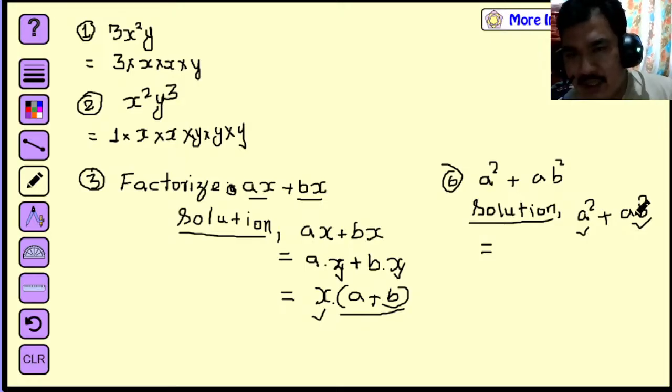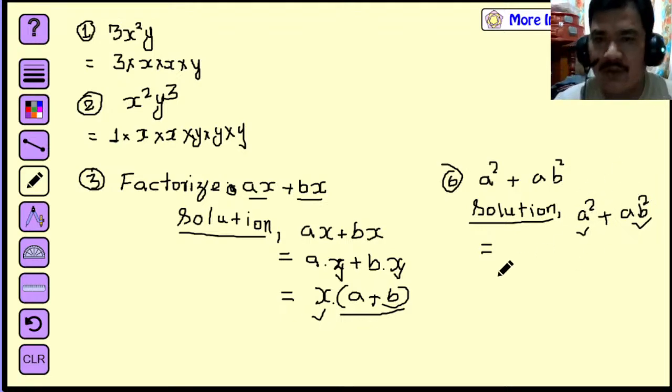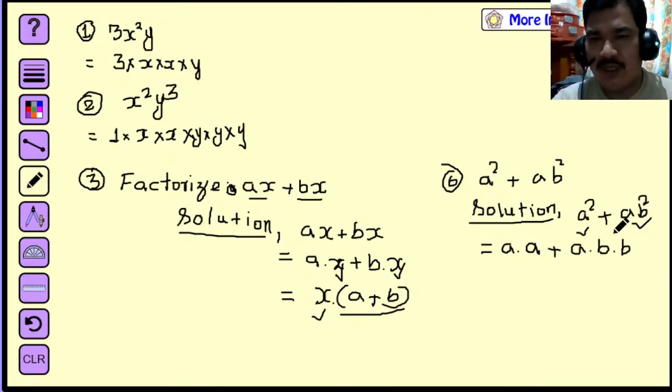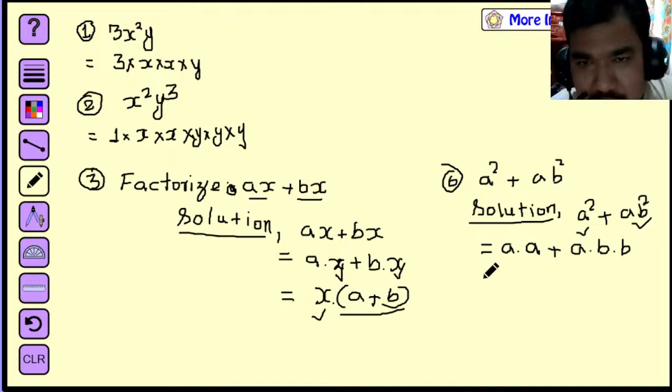And ab square means a into b square, and b square means b into b, right? This is not compulsory to show, but if you show it, it becomes easier. And if you know that a square means a into a, it's not compulsory to show.